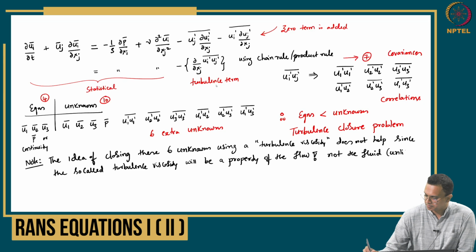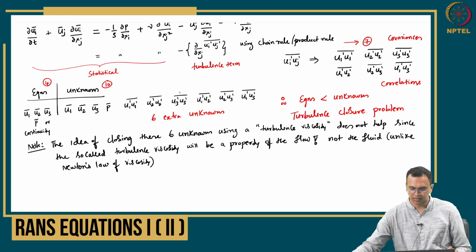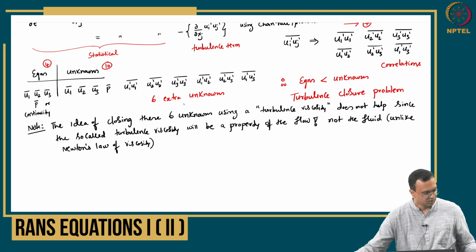It is unlike your Newton's law of viscosity. So that kind of an idea we can use definitely, but it is not as straightforward as before, and one must be ready to accept some error coming out of this assumption. So we will come to that class of models, the so-called RANS models, then we will see what it does there. Okay. One more important part I want you to grasp is that what do we call this term?